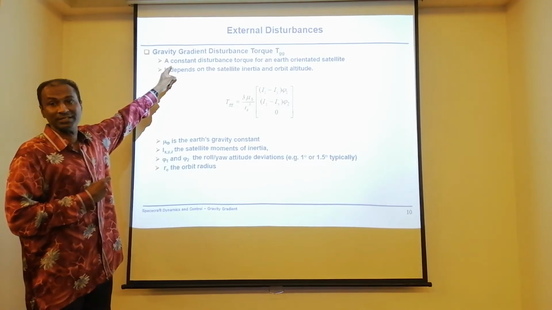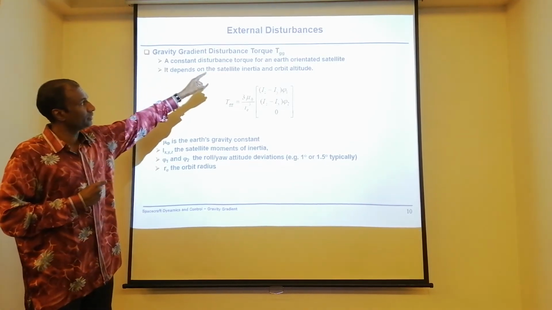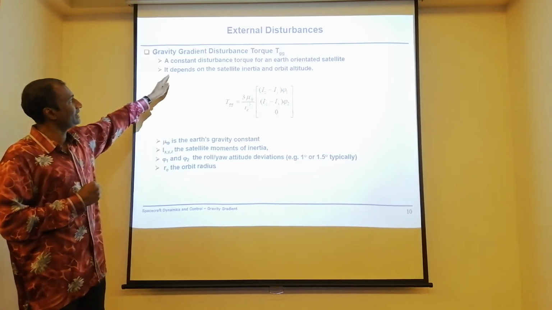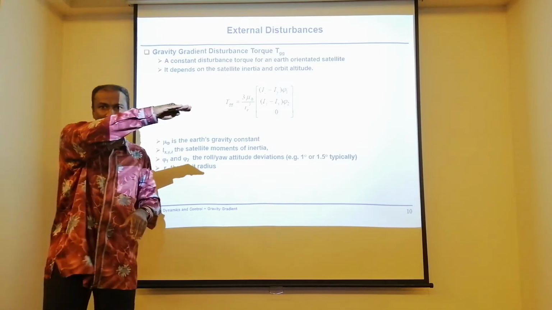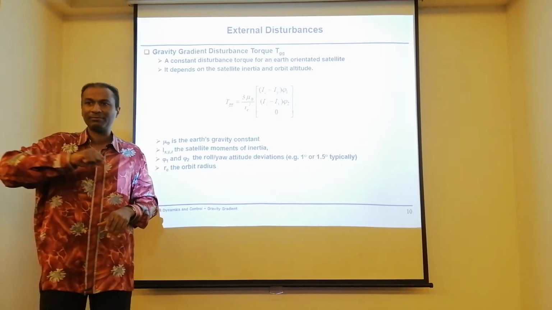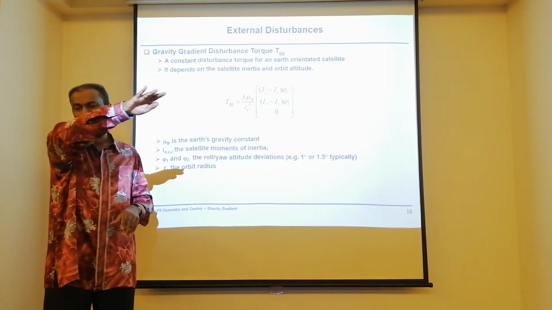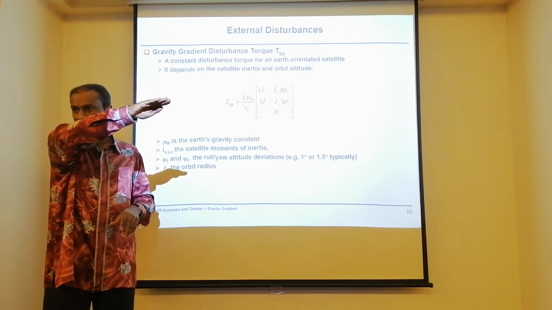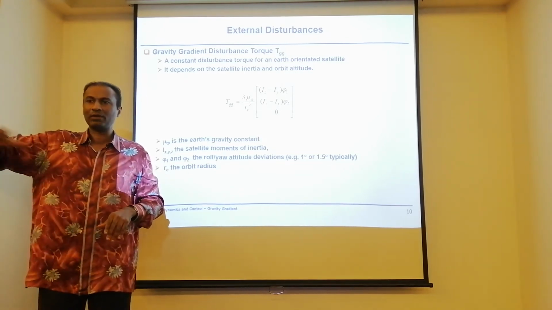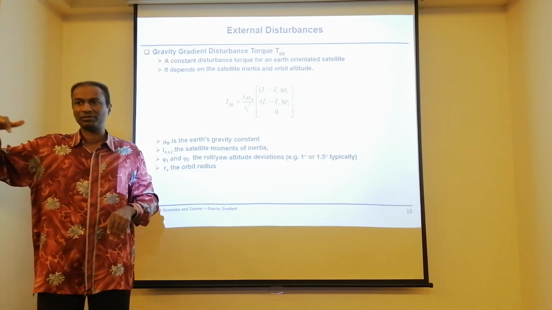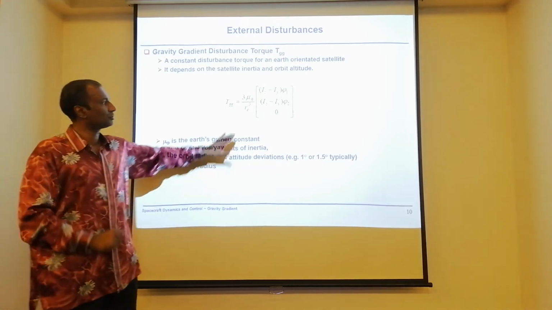For an Earth-oriented mission, it depends on the inertia and orbit. Constant means what? Like constant. Let's say the magnitude is 1 Newton meter. It will be 1 Newton meter throughout the life of the satellite.